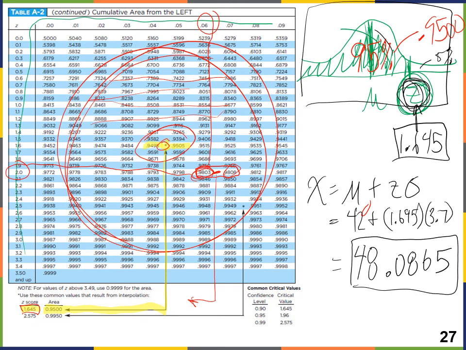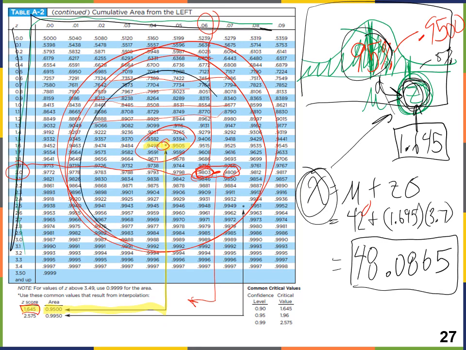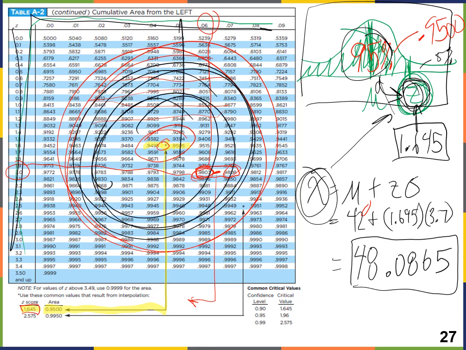Do I have an area, in which case I'm looking for a z-score and then a data value? Or do I have a data value, in which case I'm looking for a z-score and then looking for the area? So if you have a z-score, you start on the outside and you find the area in the middle. If you have an area, you start in the middle and work your way to the outside of this table to build your z-score.